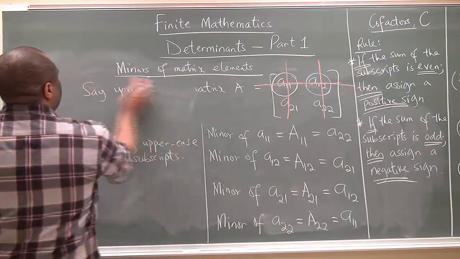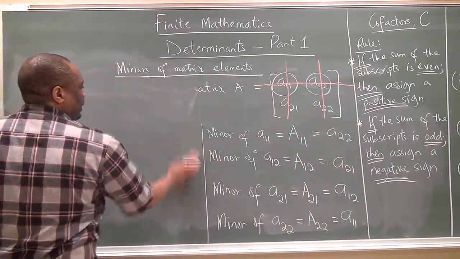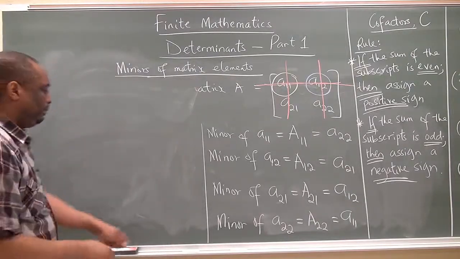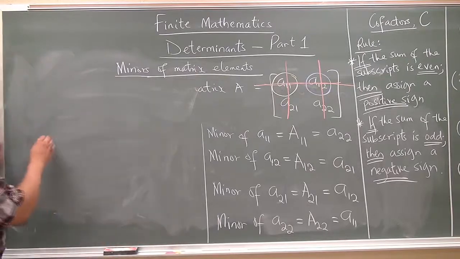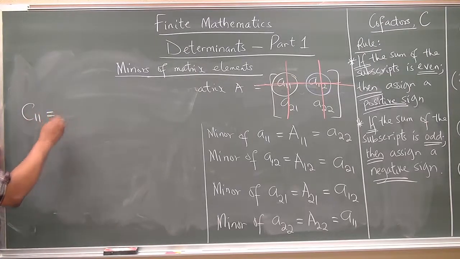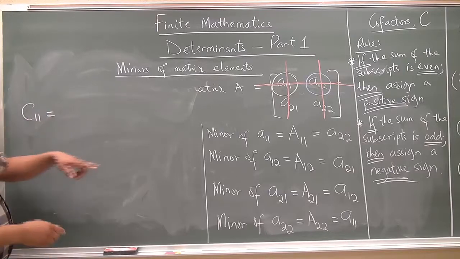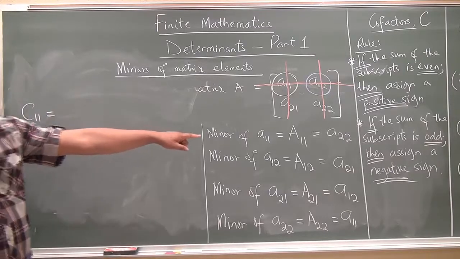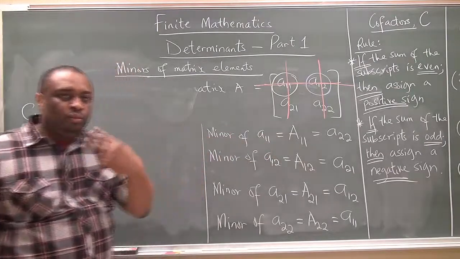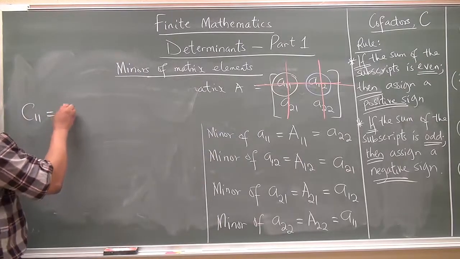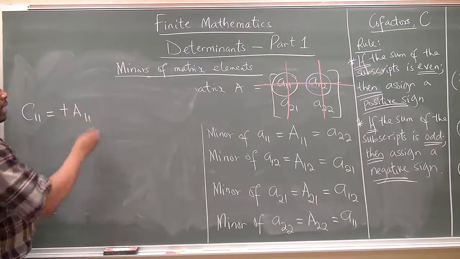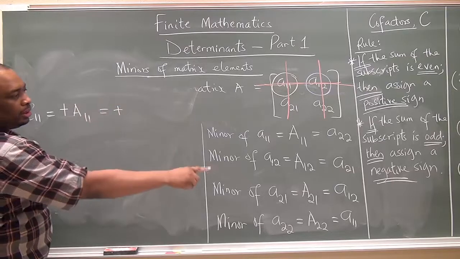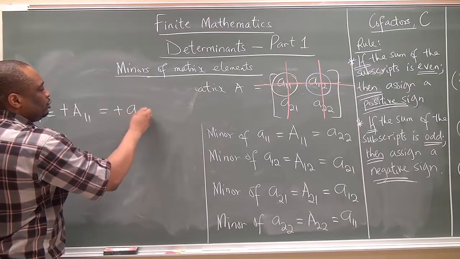What we mean here is this. We mean that C11 will be, because 1 plus 1 is 2, this is going to be plus A11. And that will now be plus what? Small a22.